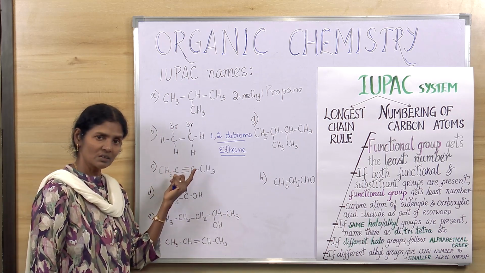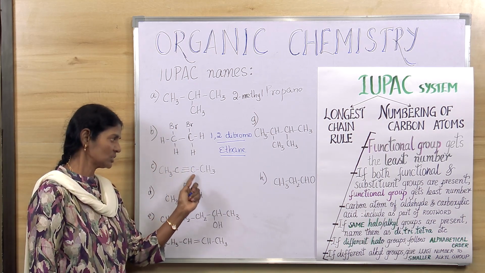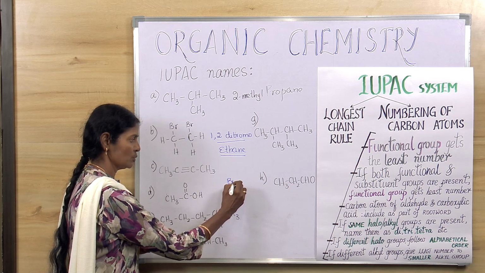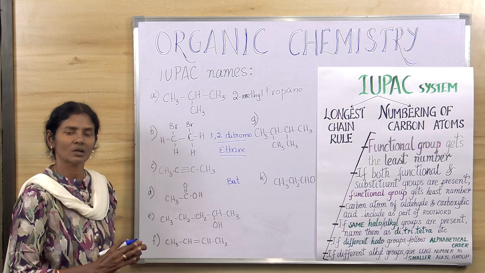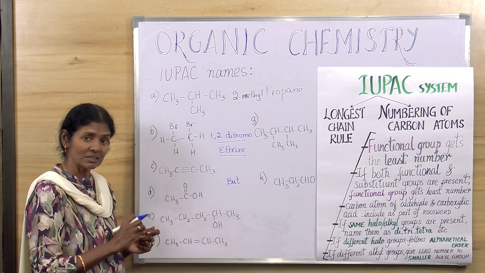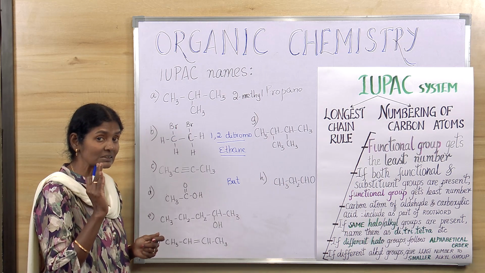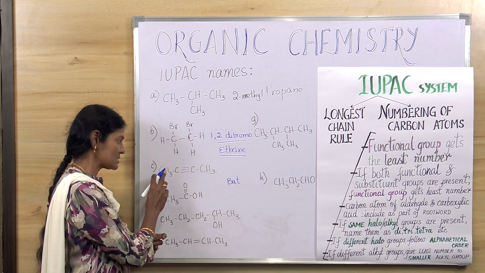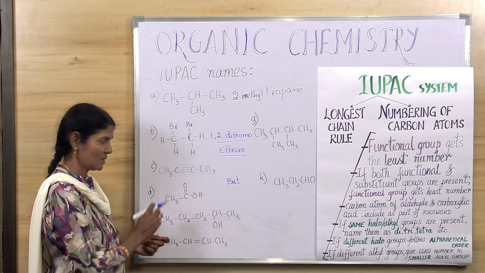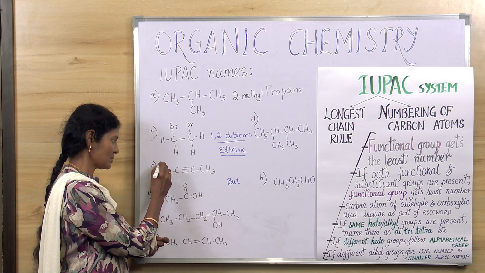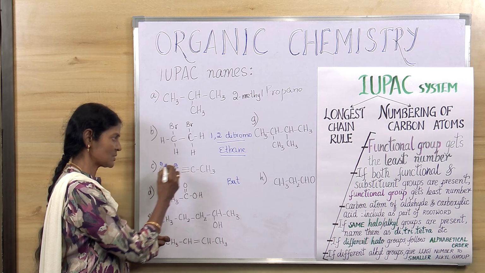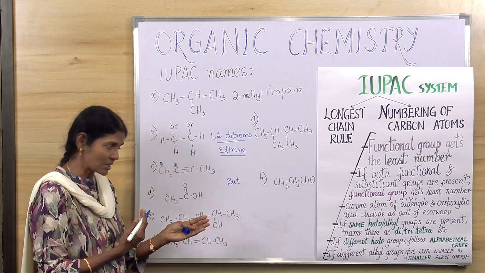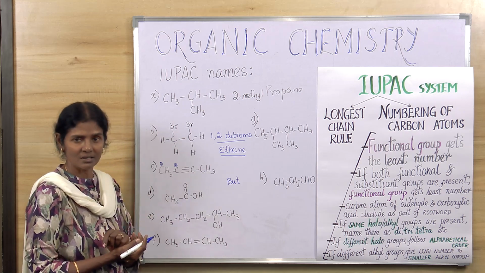Now let's come to this. What is the root word here? 1, 2, 3, 4 carbon atoms. Therefore, it would be but. Now, you see something else over there. There is a triple bond. Where is this triple bond? If we come from this side, this is the first carbon atom, and then it starts from the second carbon atom. If we come from right to left also, it is in the second carbon atom.